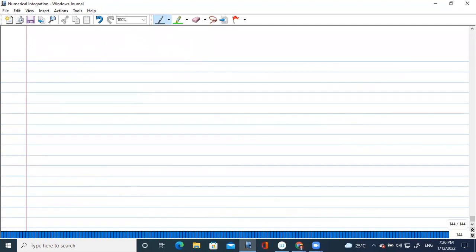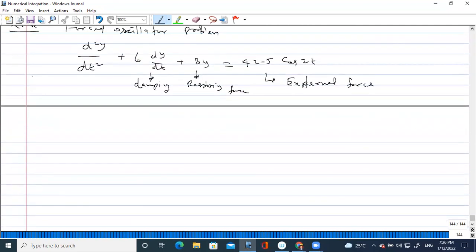First of all, I need to write what is F(D). F(D) here will be D square plus 6D plus 8. That will be my F(D).